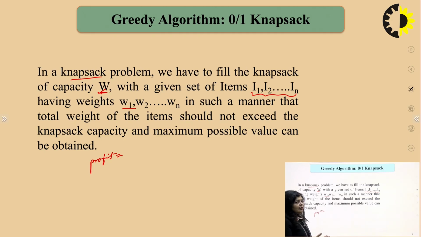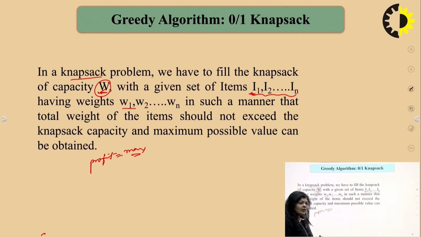How much profit we earn depends upon the profit value associated with each and every input item. Now, I need to find the set of all the items that I can pick up so that I make the maximum profit with the knapsack. We need to understand here that the constraint is nothing but the capacity of the knapsack itself.